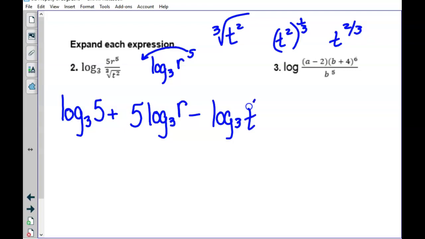So we could write it as a t to the 2/3, and it was minus because it was divided, and then eventually we want to move that 2/3 out here. So it was, yes, that's as nice as it gets, okay?